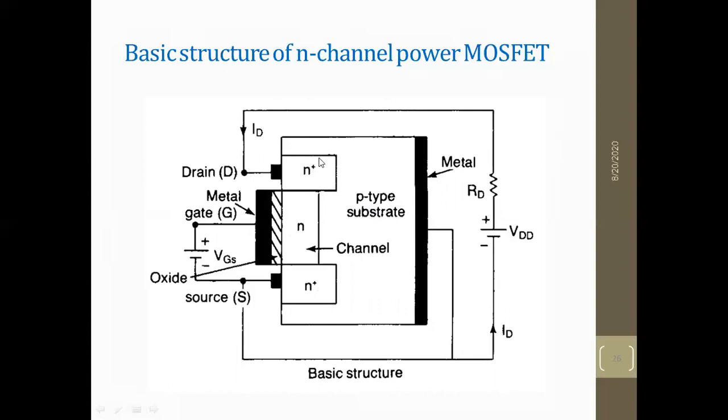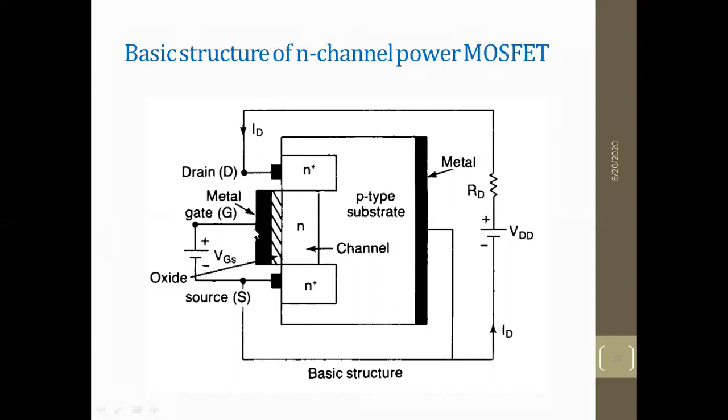These are the two heavily doped regions. In between the two heavily doped regions, an N channel has been placed. Overall, on the P-type substrate, the N channel has been placed in between two heavily doped N plus regions.